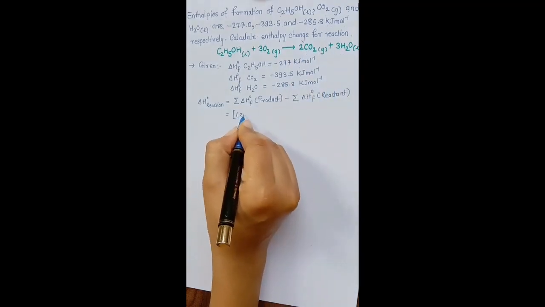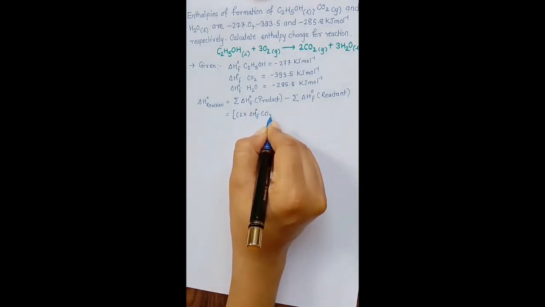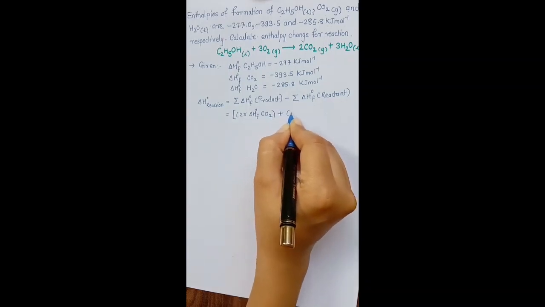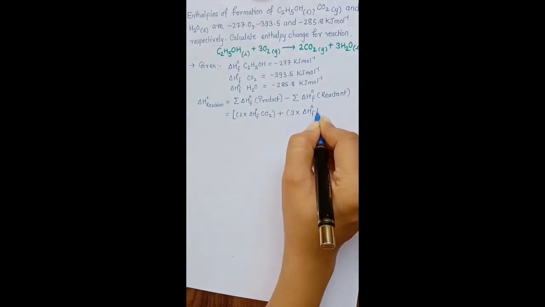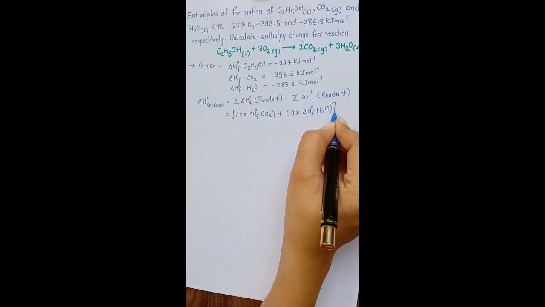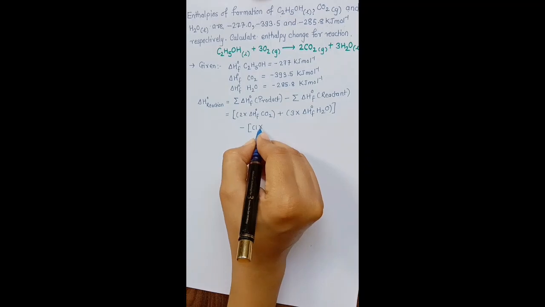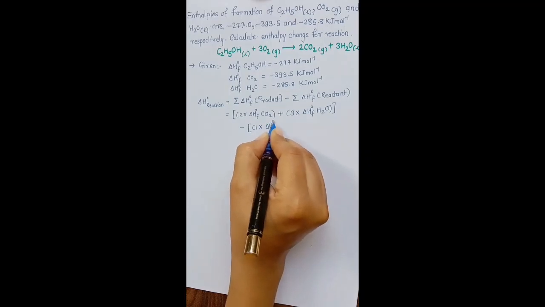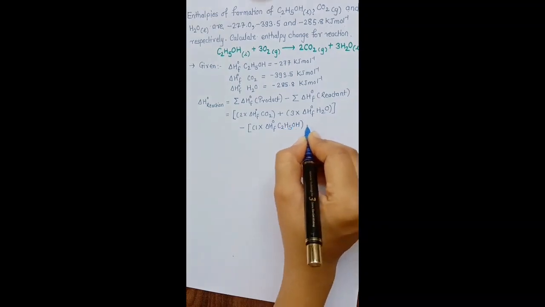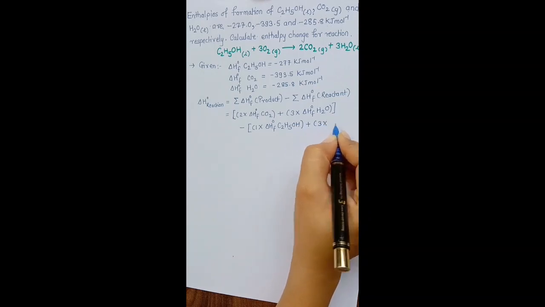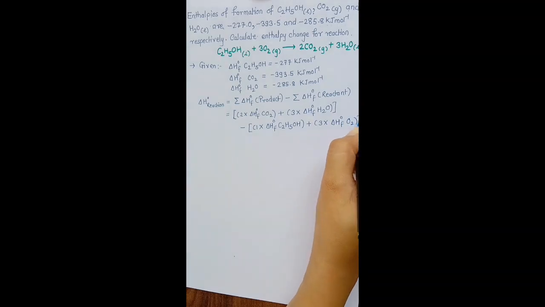So first 2 into delta HF naught of CO2 plus 3 into delta HF naught of H2O, minus reactant: 1 into delta HF naught of C2H5OH plus 3 into delta HF naught of O2. Okay.